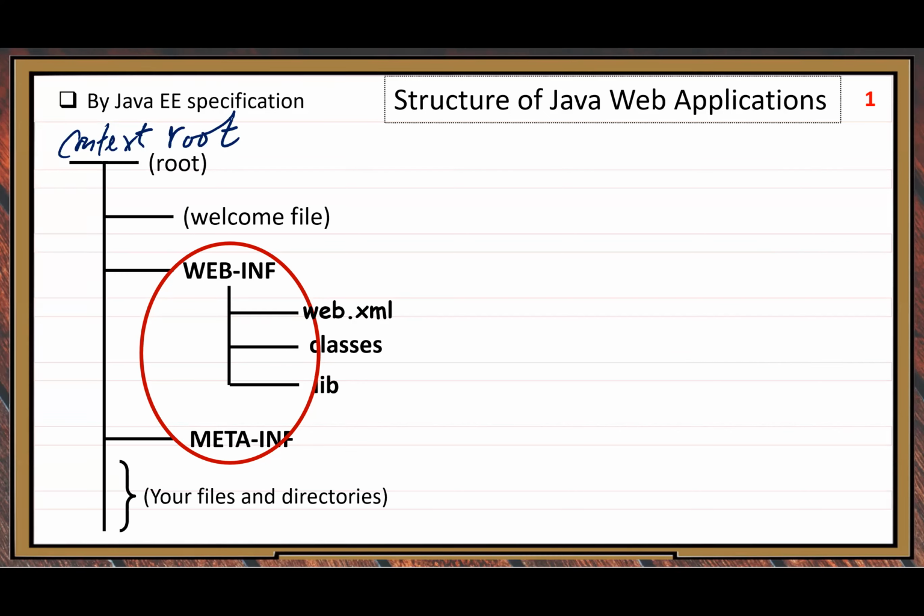Starting from there, you can see the welcome file. Later we will talk about the welcome file a lot because there are many different rules regarding it. Today is just our first view of the welcome file. There you can see some standard required folders and file names.